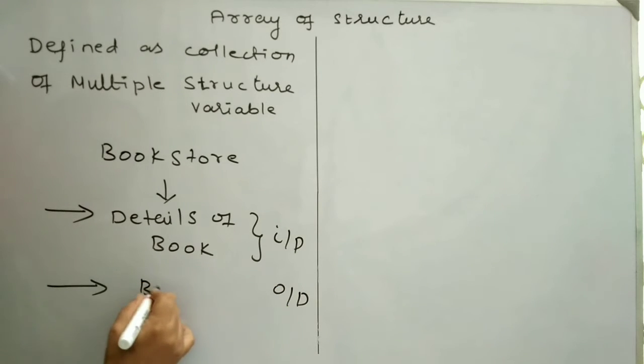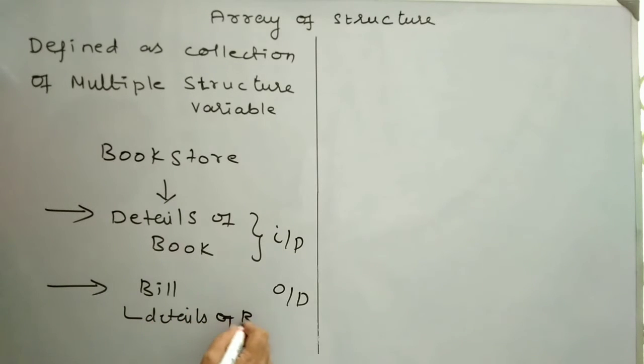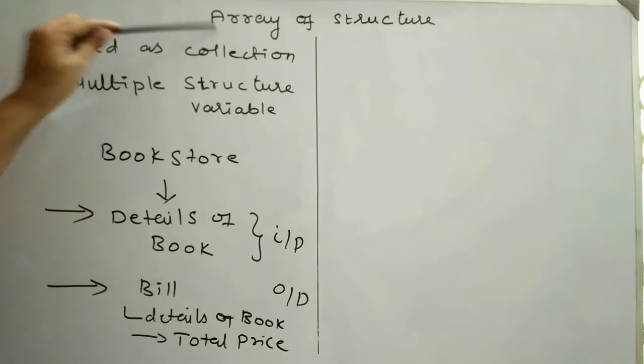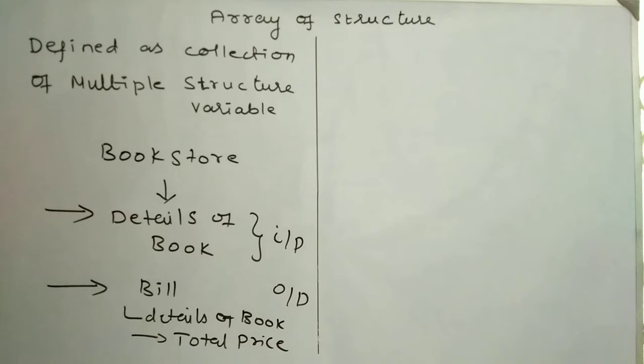Output is nothing but a bill which includes all the details of the books the purchaser has purchased along with the total price amount. So with this example program, we will be explaining the array of structures concept.